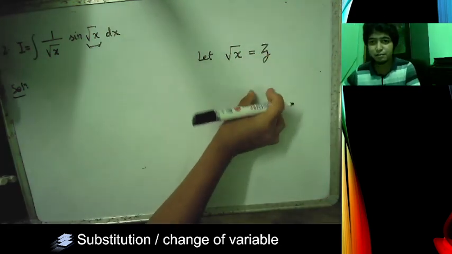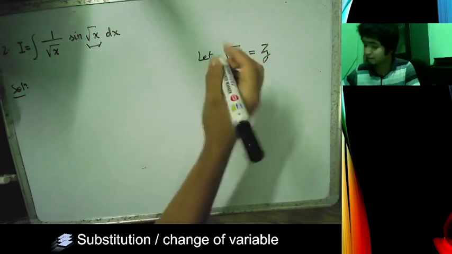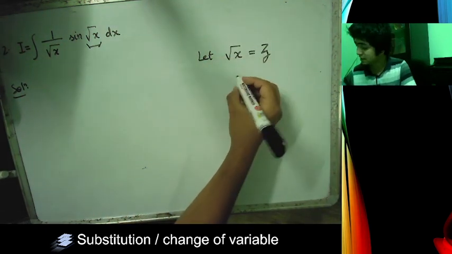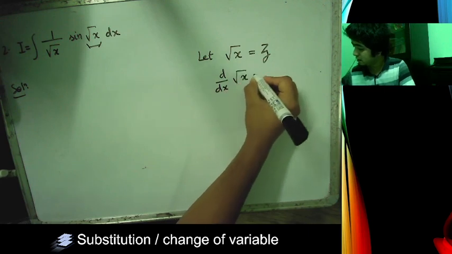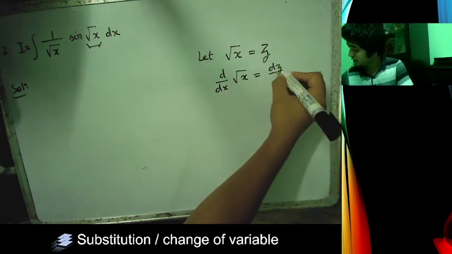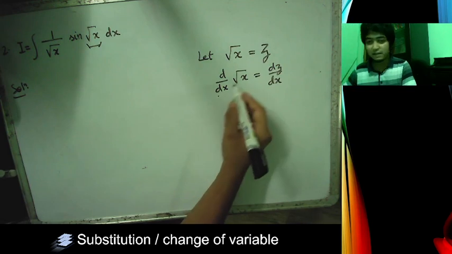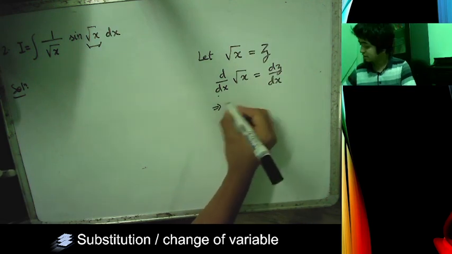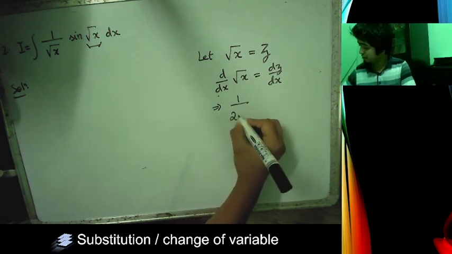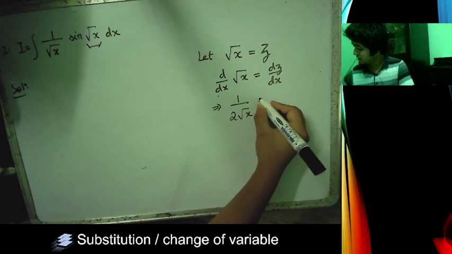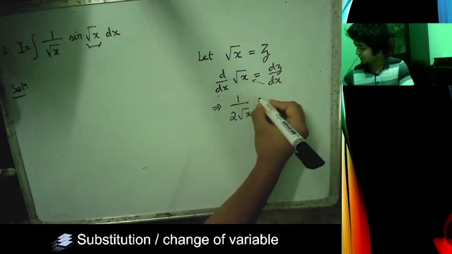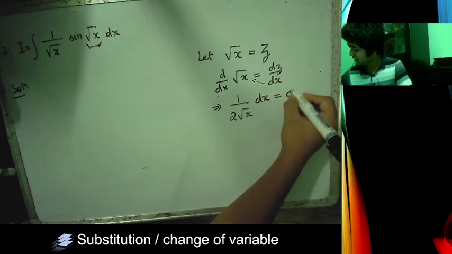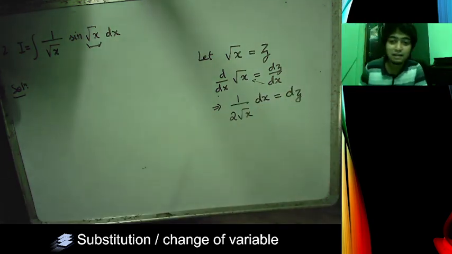After writing this one, you know immediately that we will have to differentiate. Differentiating both sides with respect to x, dz by dx. Differentiation of root x will give you 1 by 2 root x. And you can carry this one over here as well. So you'll be getting dx equal 2 root x dz.